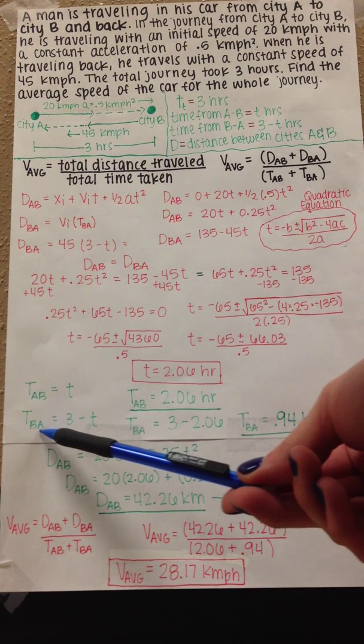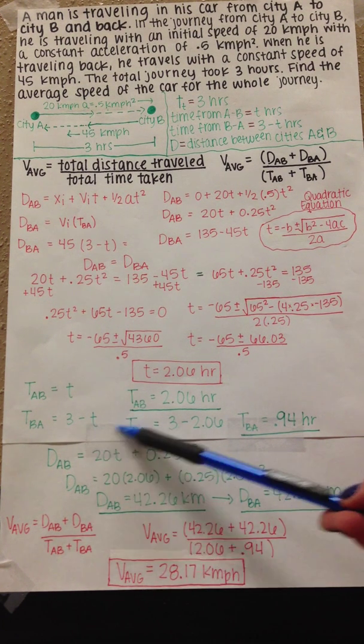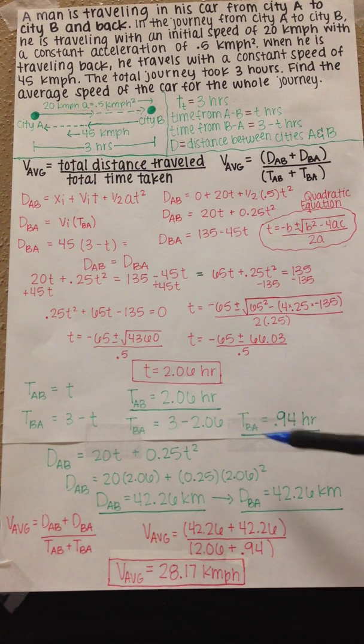And then you have to calculate the time from B to A, which is 3 minus t, which is 3 minus 2.06, which equals 0.94 hours. So the time from B to A is 0.94 hours.